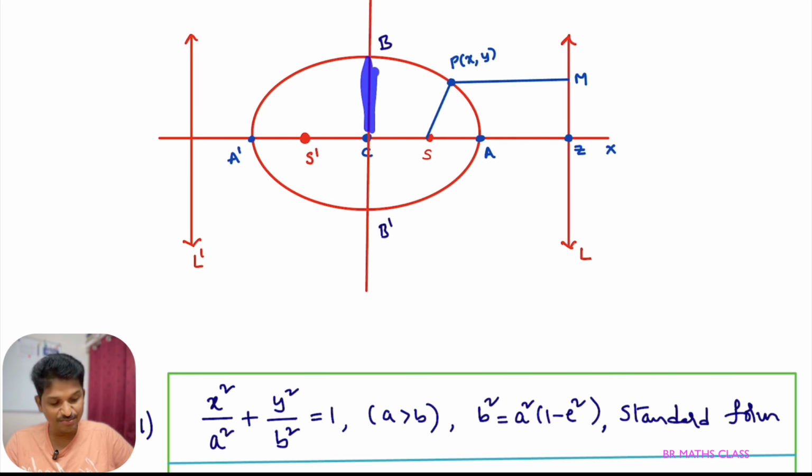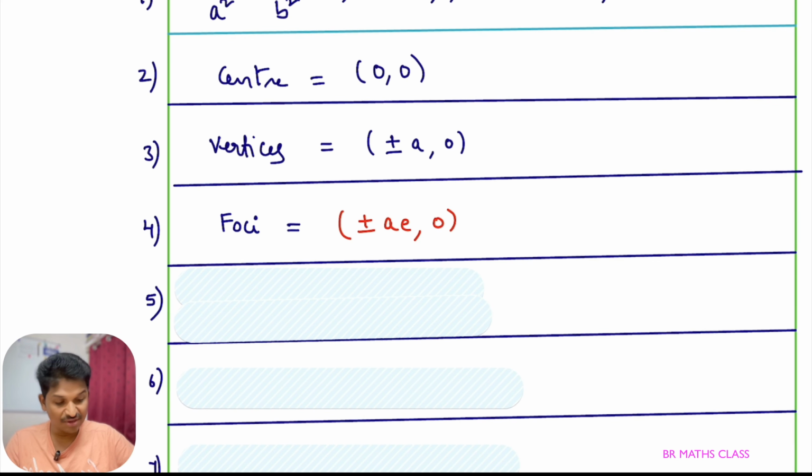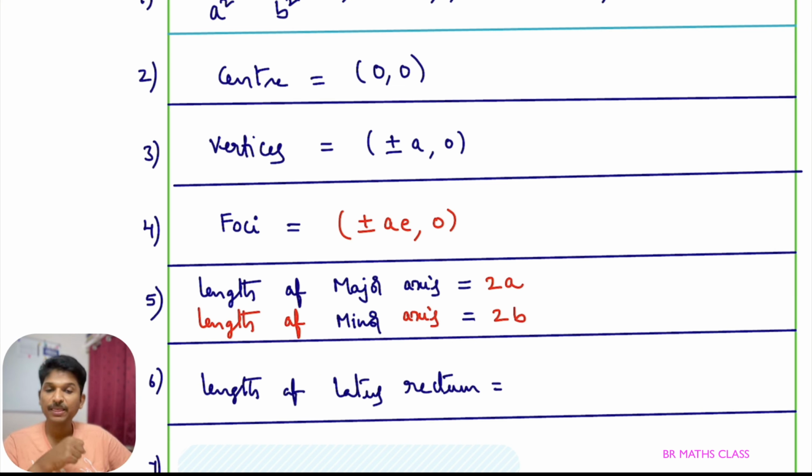And this length is B, this length is also B, because the ellipse is symmetrical about the coordinate axis. B plus B is 2B. So the length of the major axis is 2A. Length of the minor axis is 2B. You need to memorize these formulas. Then only you can do all these problems very easily.